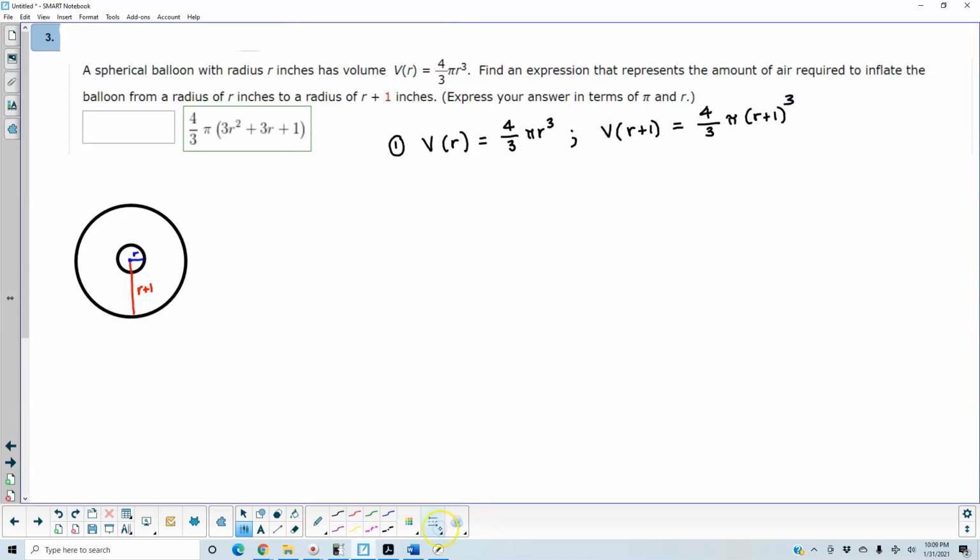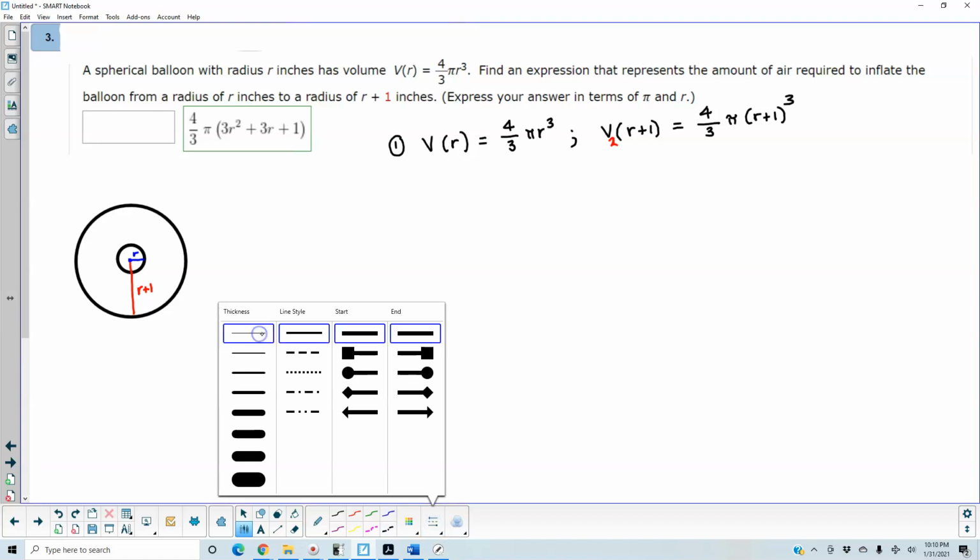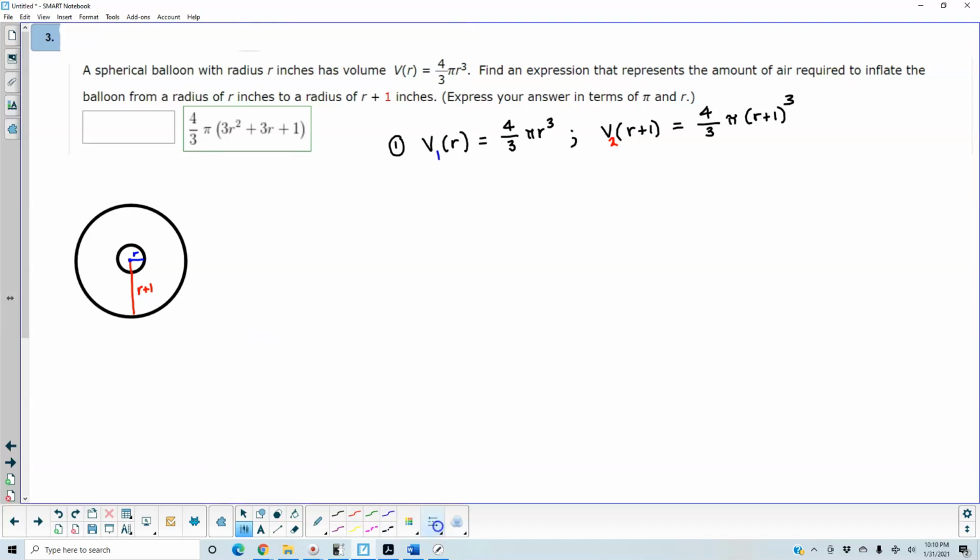Okay, so again, this represents volume 2, and this one represents volume 1. So if you look at the picture, we want to subtract volume 1 from volume 2 to figure out what is the expression that's going to represent the amount of air that's required to inflate the balloon.